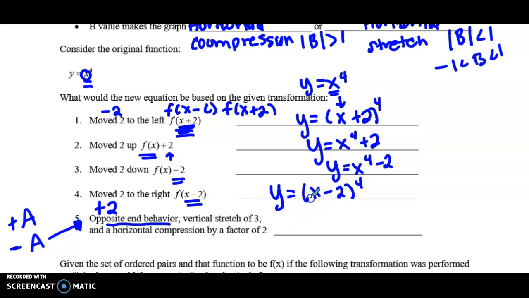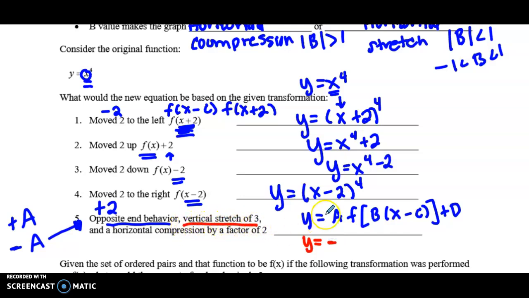Our general form of transformations is y equals a times f of b times x minus c, plus d. Let's fill this in piece by piece. Opposite end behavior, so we know that this a has to be negative. A vertical stretch of 3 means that this a value is going to become 3 in magnitude.